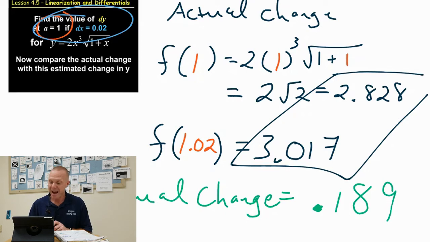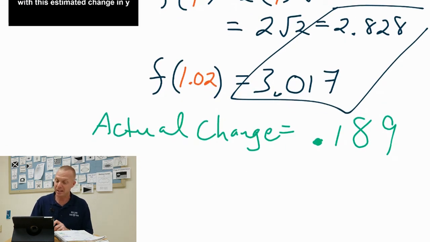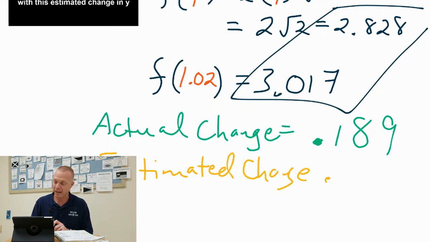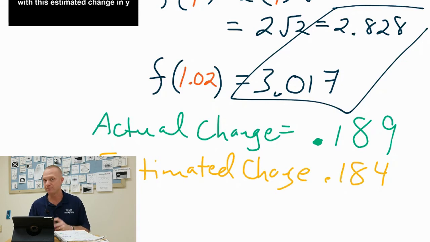Now, we're supposed to compare, and that means that we need to take the original estimated change. We have to take that original estimated change, which, what was it again? It was 0.184, and subtract them. If you subtract them, you're basically comparing them.